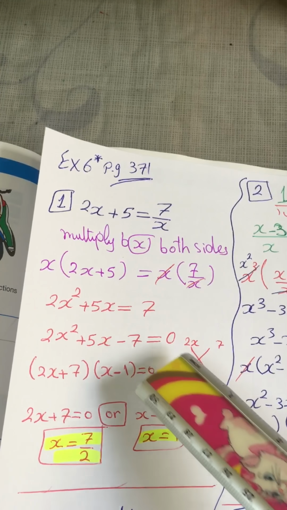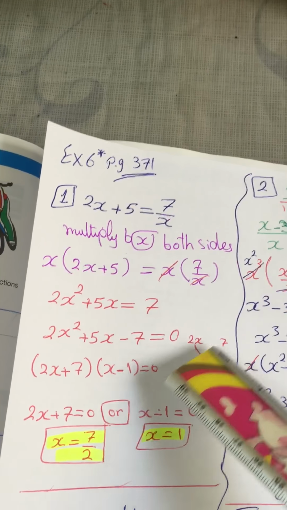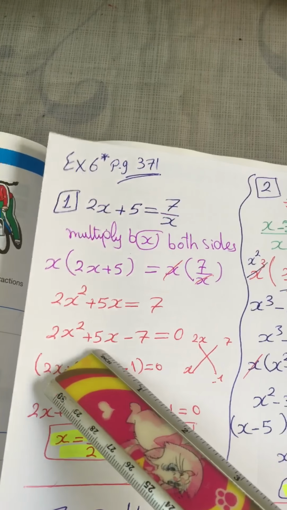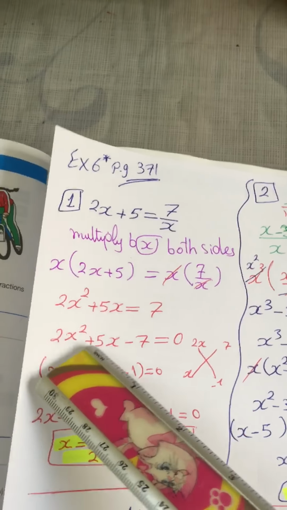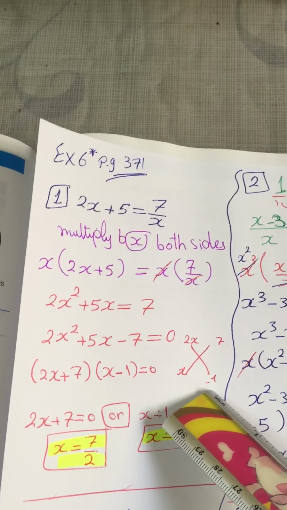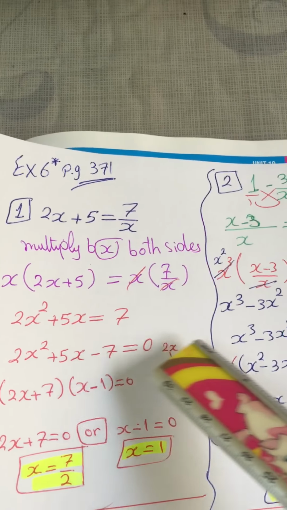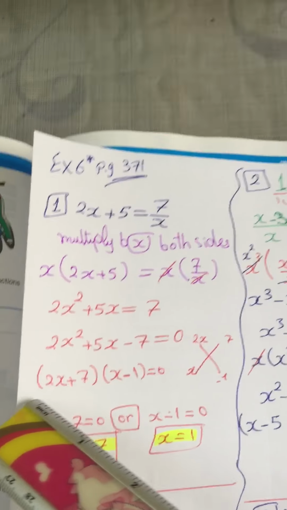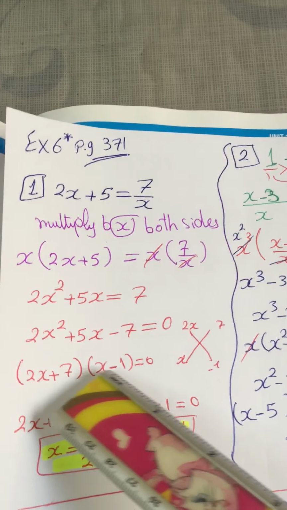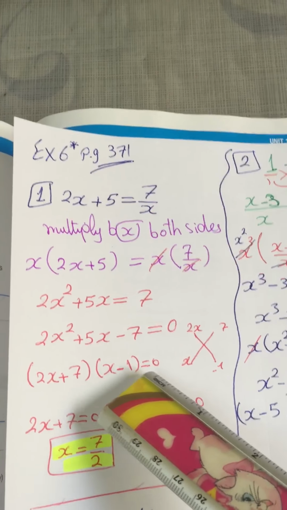So when I take 2 times 1 equals 2, and here 7x, yes, so the difference between them can be 5. And the difference is positive, so I'll give the bigger one the positive sign and the smaller one the negative sign. I'll take the brackets up together and down together. So the first bracket is 2x plus 7 and the second bracket is x minus 1 equals 0.